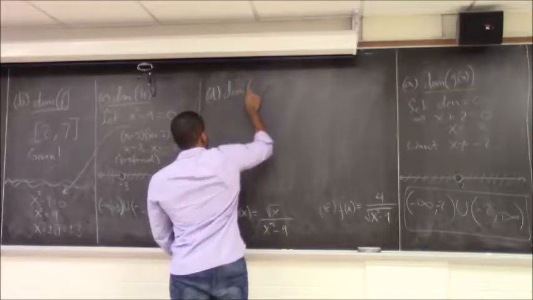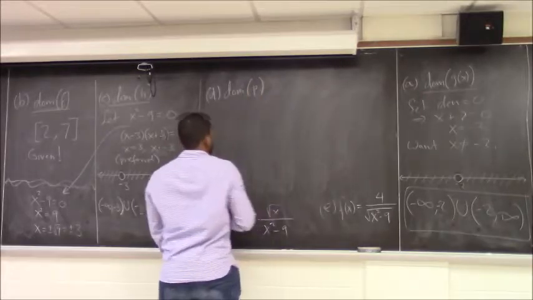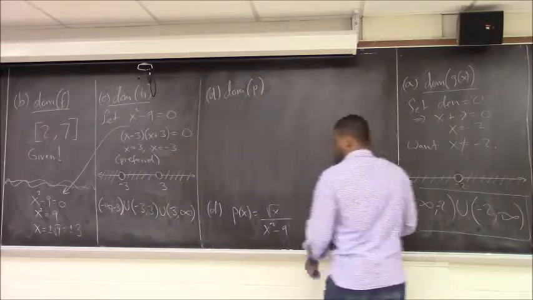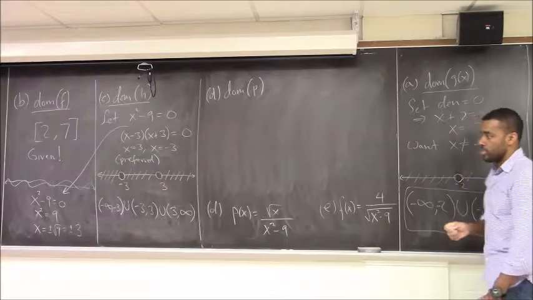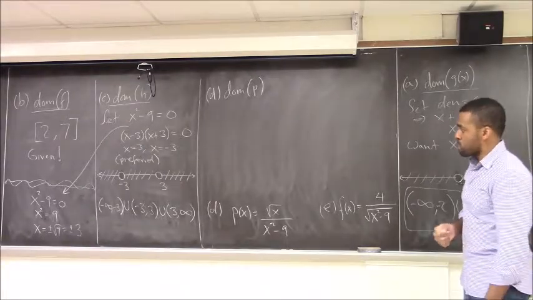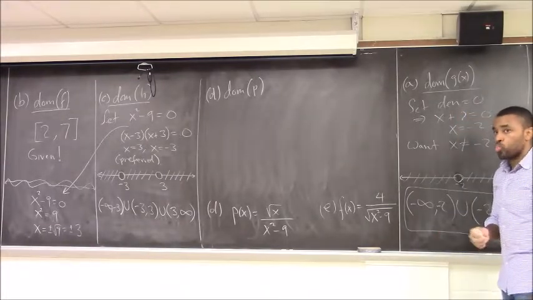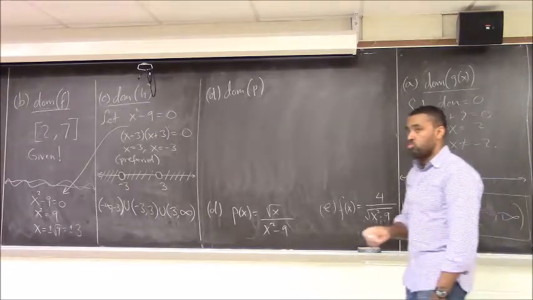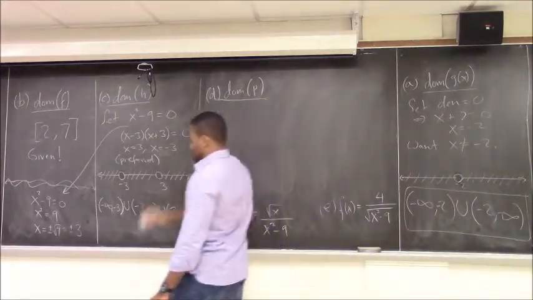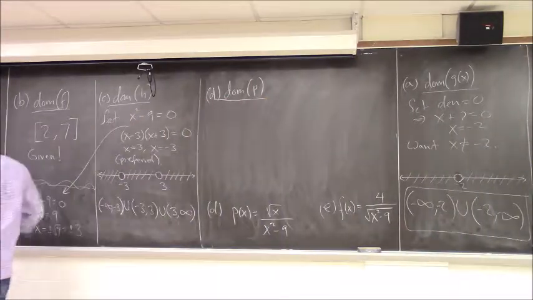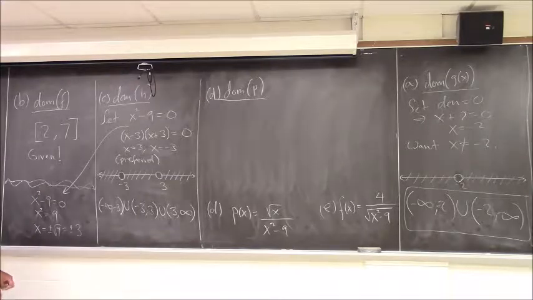We're going to do the domain of P. So how do you do the domain of that function? It's not quite a rational function, but it has some sort of rational influence.